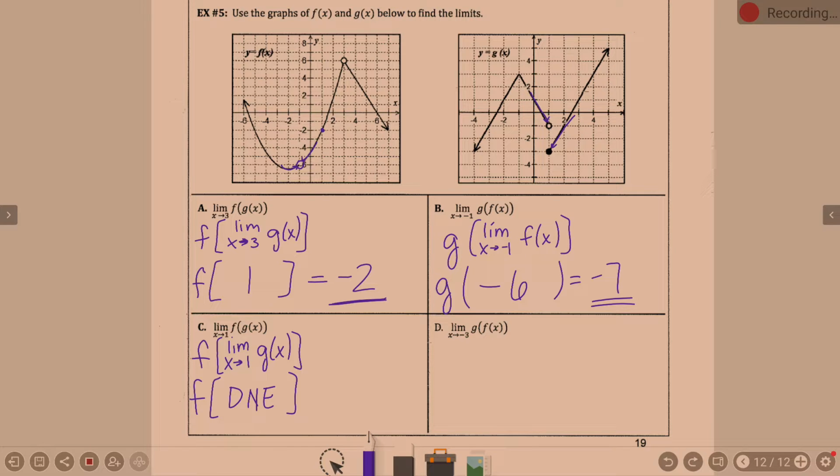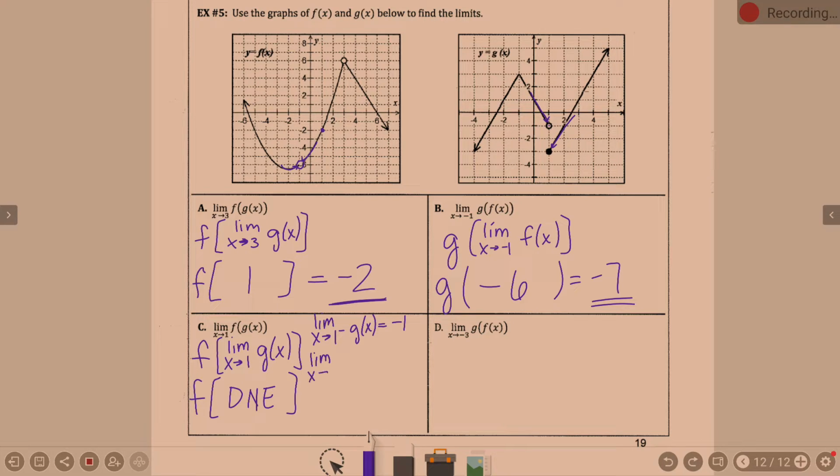I'm going to write it down here. We've already talked about the idea that the limit as x approaches 1 from the left of g of x is going to be -1, yes?